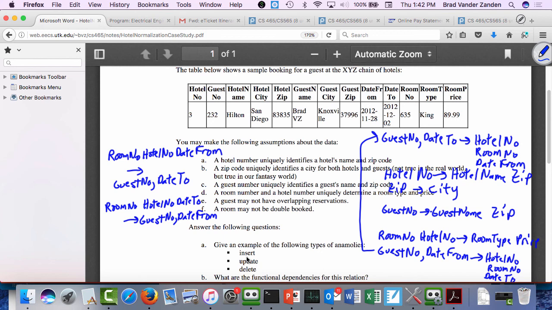Now, remember, these are all of our functional dependencies. We're done with A through F, so we've identified all the functional dependencies.